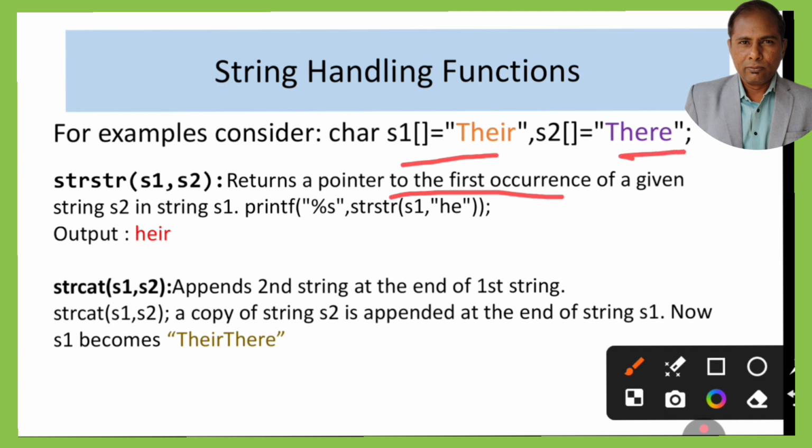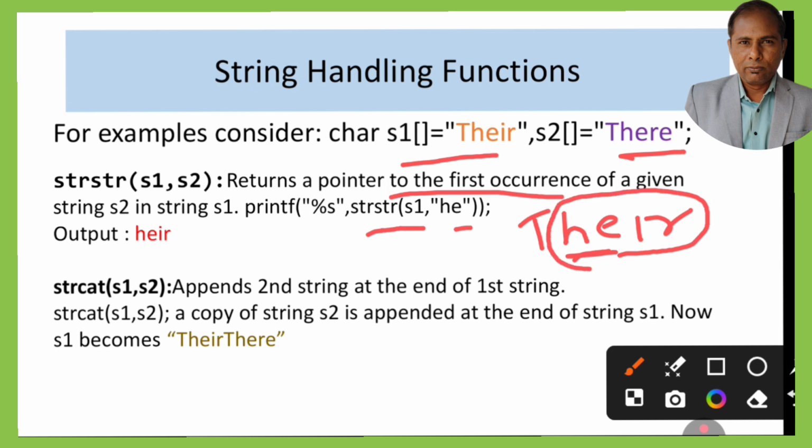If I write strstr(s1, s2), s1 is capital THEIR, and then I write HE. Our cursor will come here, and it will return the string from this place. So HE is the string where the cursor will go.